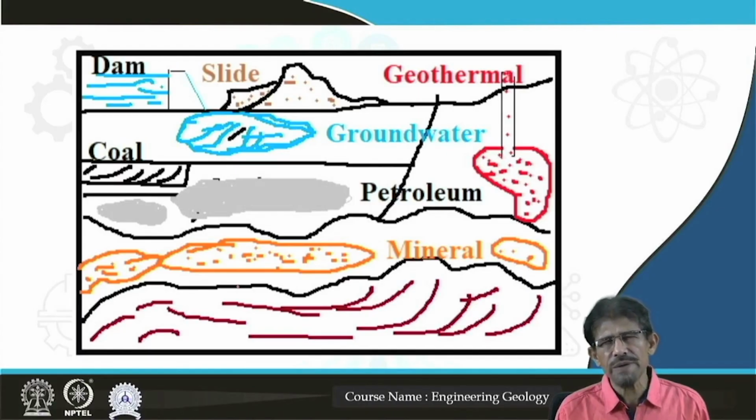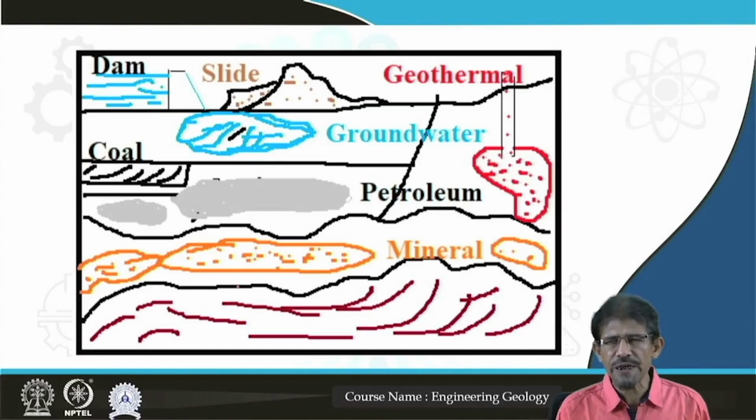Besides these, we can see a number of natural hazards as well as anthropogenic hazards in the form of landslides, subsidence, and fragmentation by bombing or blasting and others.